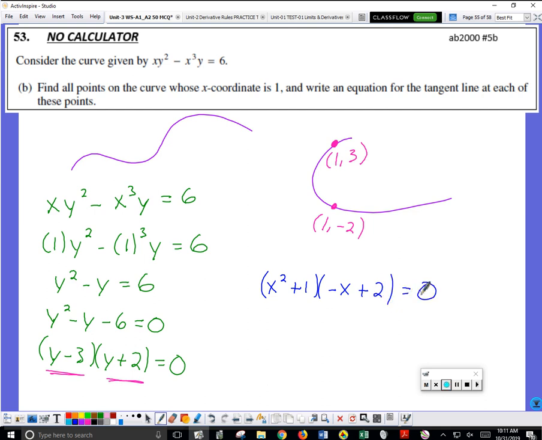Raise your hand, everybody. What values of x will make this a true statement? Let's go, Tori. 2.